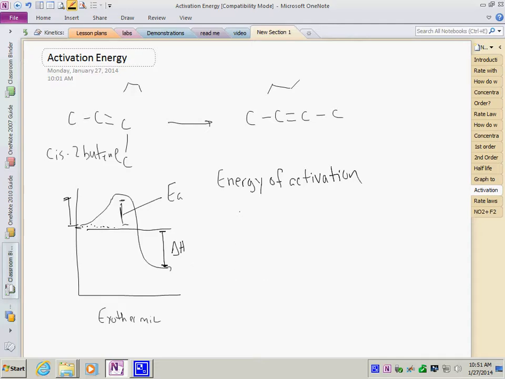Okay. For a different chemical reaction, we might have a reaction where we put energy in and it comes out. This would be an endothermic reaction.